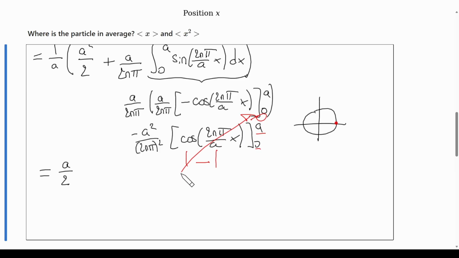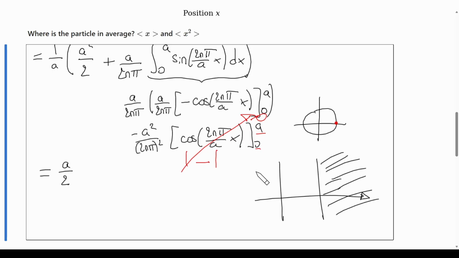So this is quite remarkable because it means that for our wave functions in the infinite square well, so we have the first one, the second one, etc., no matter what the excitation of the particle is in this box, no matter the energy it has, no matter which energy level it is in, if we measure, so if we look inside this box, on average, we will find the particle to be in the middle at a over 2.